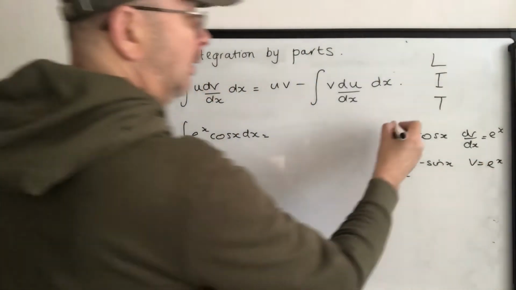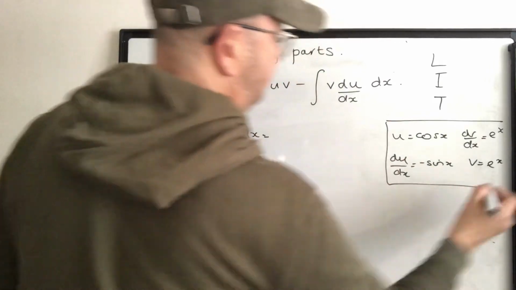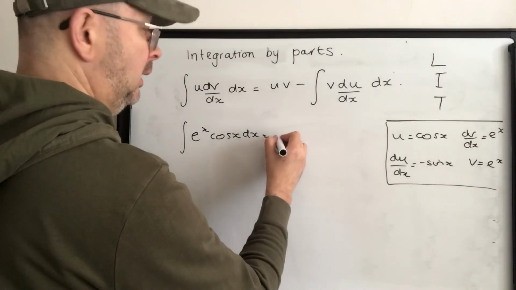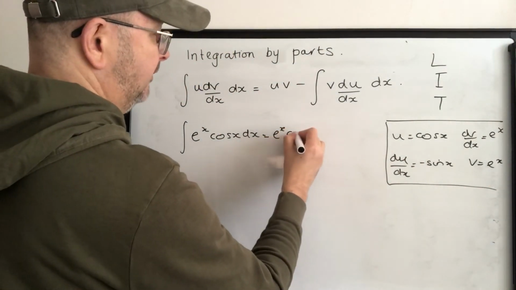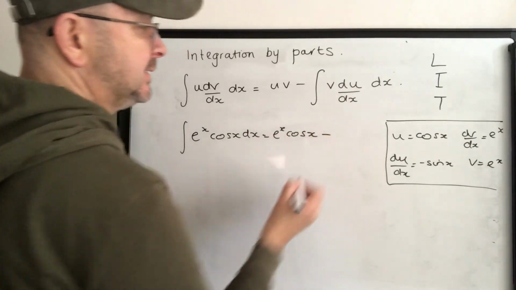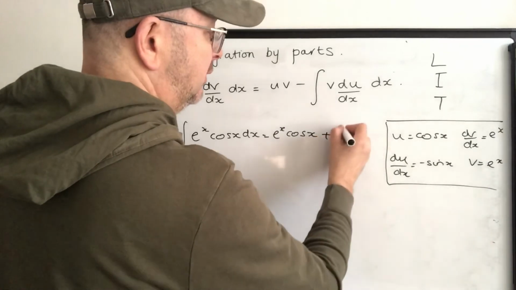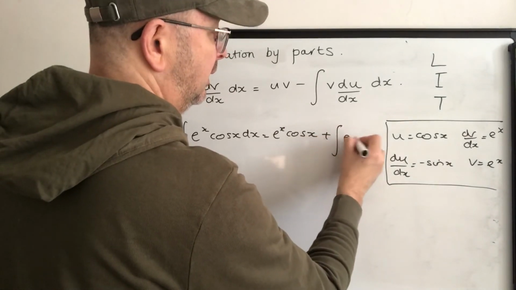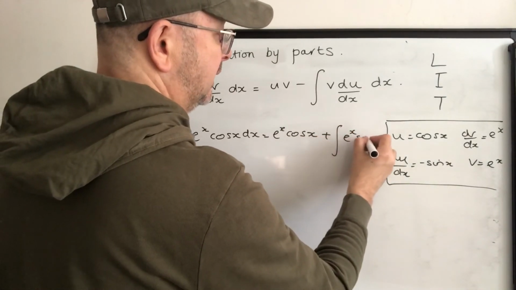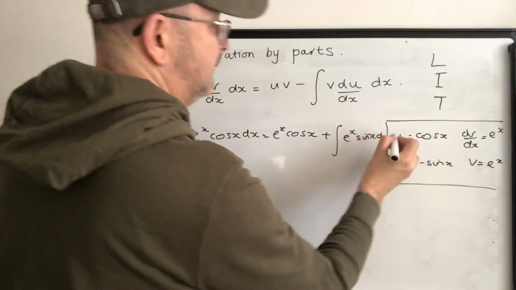So we start by saying e to the x cos x minus that times that. And I think it's fair enough, hopefully you'll be happy with me saying plus e to the x sine x dx.